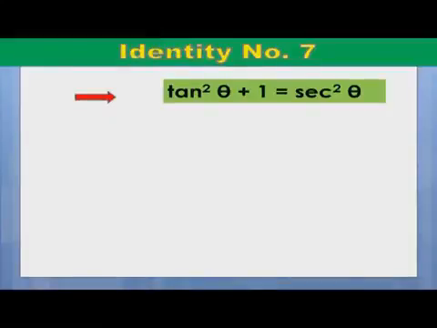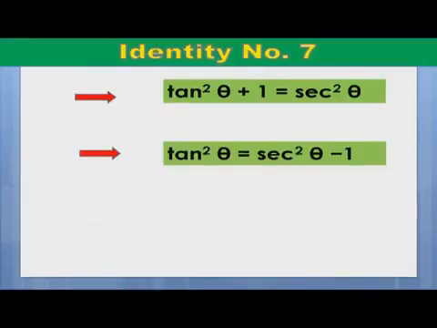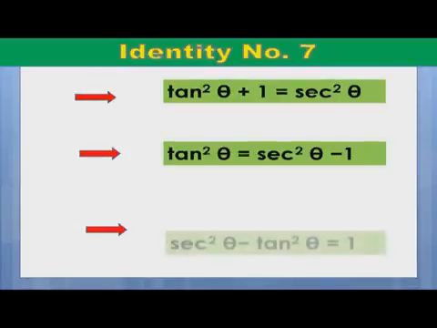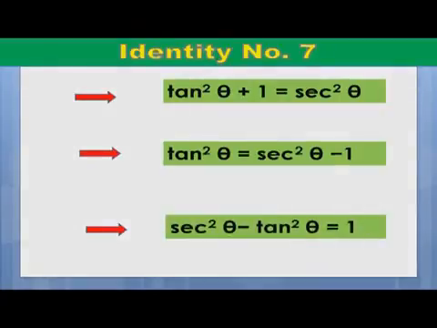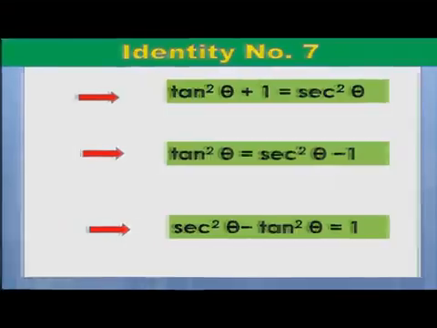Then we already derived identity number 7. That is tangent squared theta plus 1 equals secant squared theta. It can also be written as tangent squared theta is equal to secant squared theta minus 1. Then also written as secant squared theta minus tangent squared theta is equal to 1.